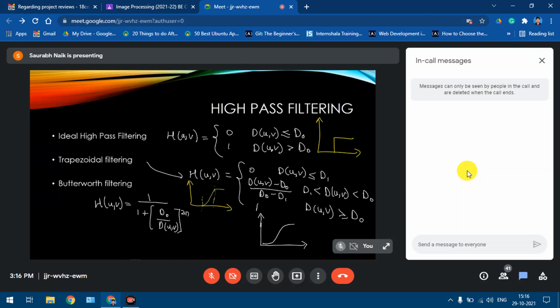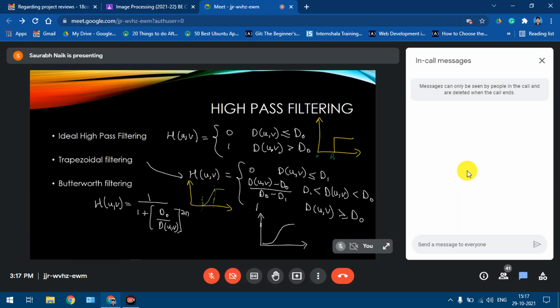Then we have the corresponding frequency filtering, which is, if I want to apply edge detection on that image, I can convert this image into the frequency domain and then apply high pass filtering. The same thing comes over here also: in the ideal high pass filter, we are only allowing the higher frequencies to pass and the lower frequencies are blocked.